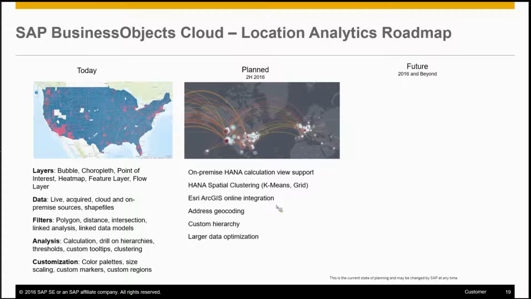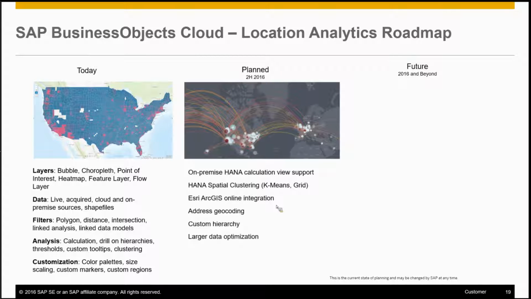So that will be coming. The plan is in the second half of H2. That will be a drag and drop geocoding. So you'll be able to take, let's say, a spreadsheet of information, drop it on the browser on the cloud there, and that will then go away and geocode based on whatever information it has in there, whether that be a partial address, for example. It will then geocode that for you.